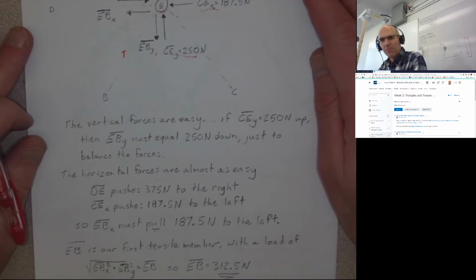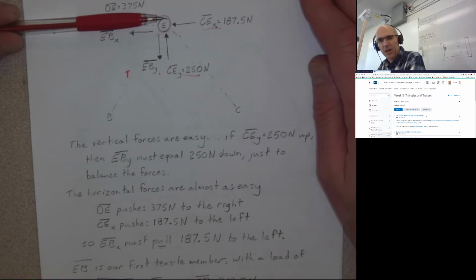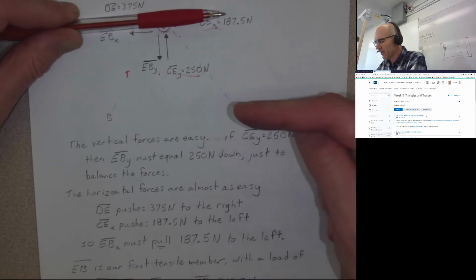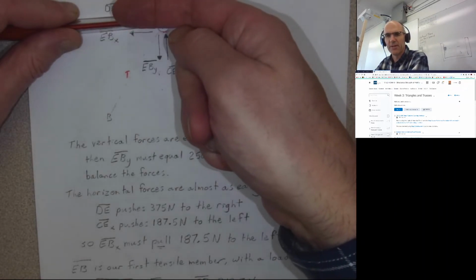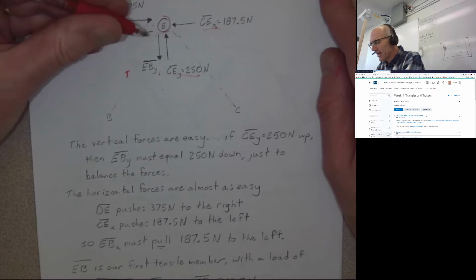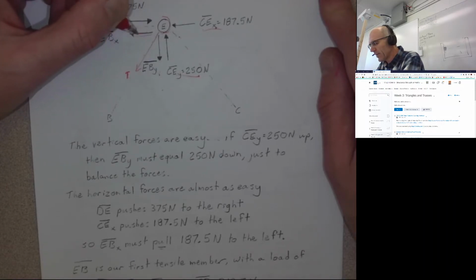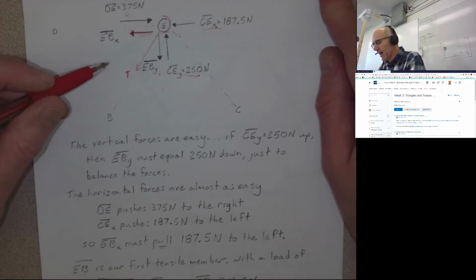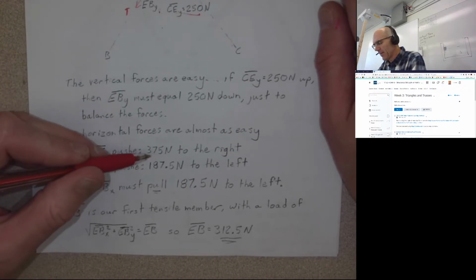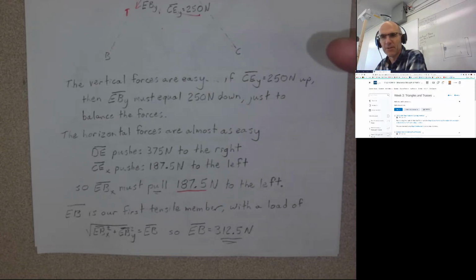Horizontal forces are almost as easy right in here. Okay, we know that if we've got 375 from this top member coming over from D, being in compression and pushing that way, and the horizontal component of C is pushing over with 187.5, then if EB is pulling down this way, its horizontal component, EBX, is going to have to equal 375 minus 187.5, which means it's pulling with 187.5 newtons to the left.